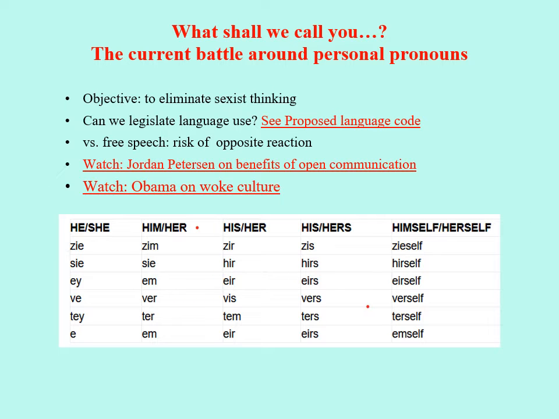Even people who don't take a very strong reaction, trying to insist on language use which is not naturally evolving in a community, runs the danger of possibly eliciting adverse reaction, which is not what you want to achieve when you want to pursue greater tolerance towards different minority groups.